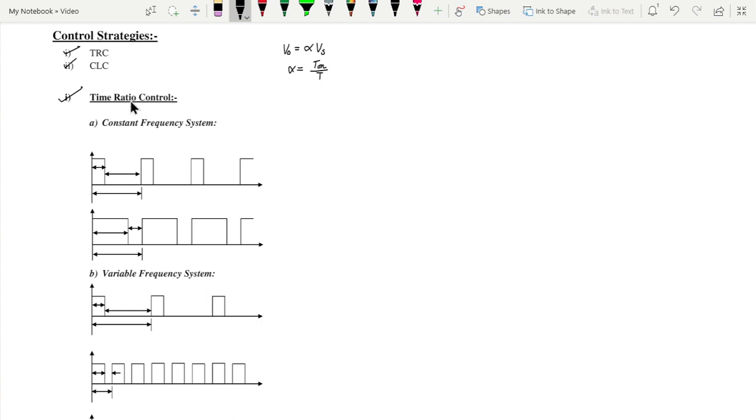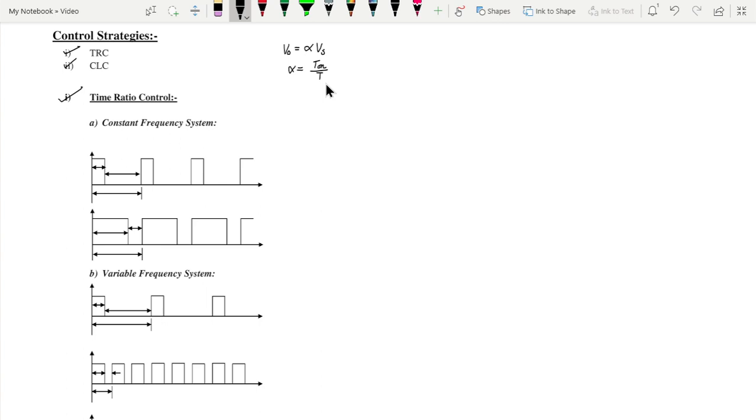Now from the theory of time ratio control, there will be two provisions. We go to the formula T on by T. So here in time ratio control, we can control T on, or we can control T. When we control T on, that means we are not controlling T. When we are controlling T, suppose T on is fixed, then we can say that is variable frequency.